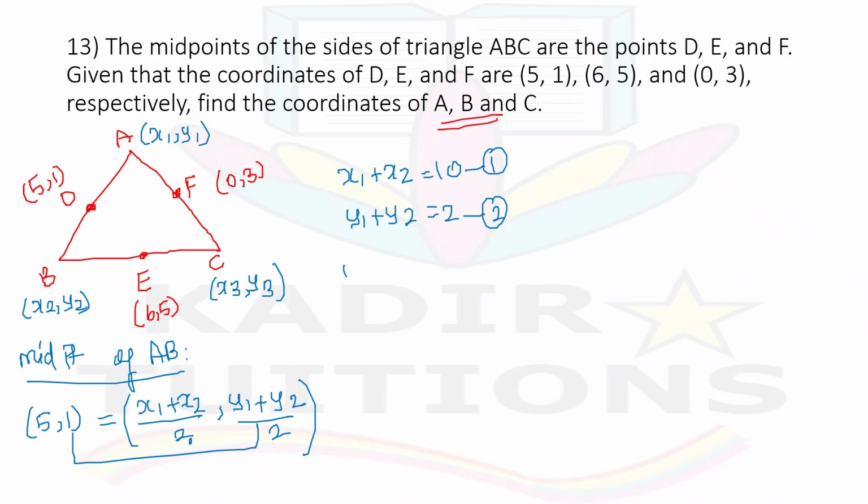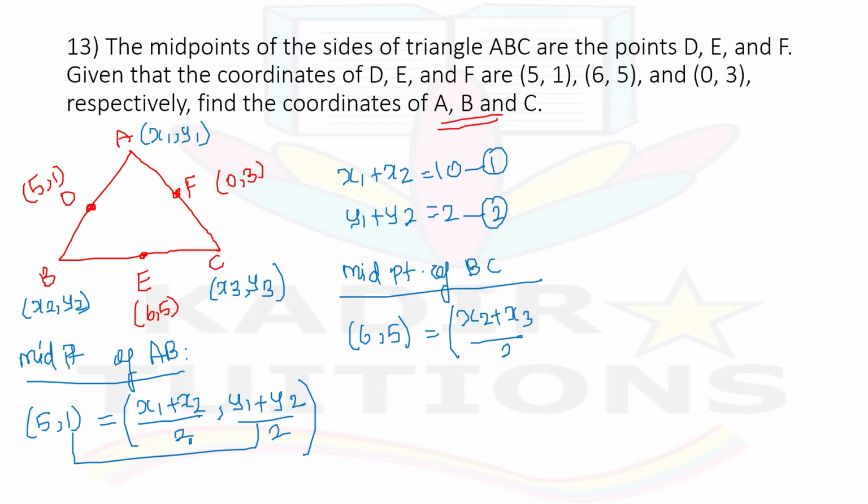Now we'll take the midpoint of BC. So for that, we are going to apply the midpoint formula for BC. Here E is the midpoint. The coordinate is 6, 5. So when we are taking the average, it is going to be (x2 plus x3) by 2 and (y2 plus y3) by 2.